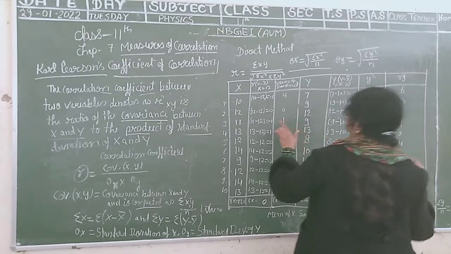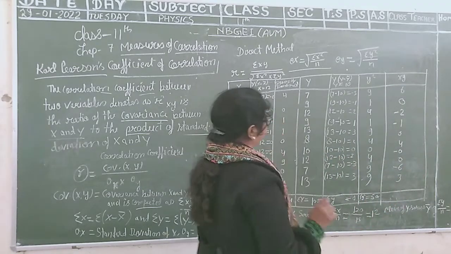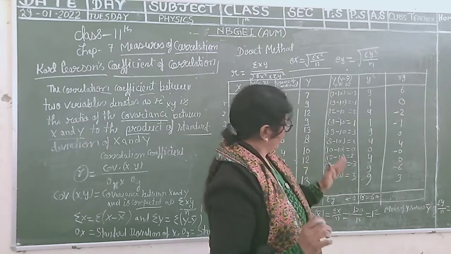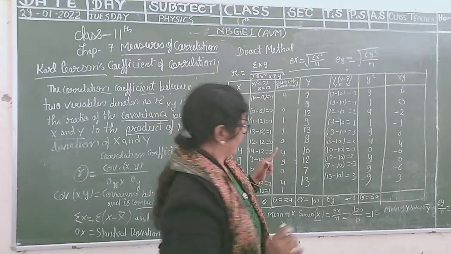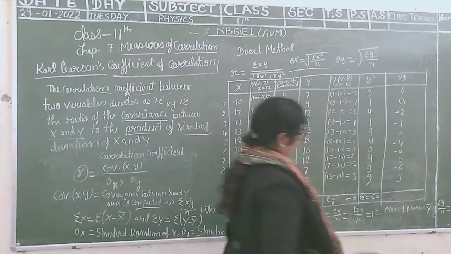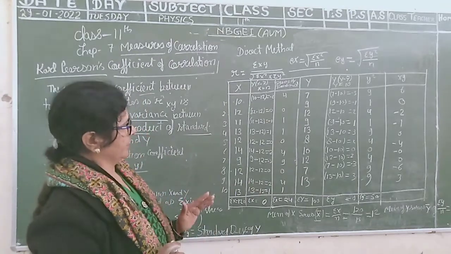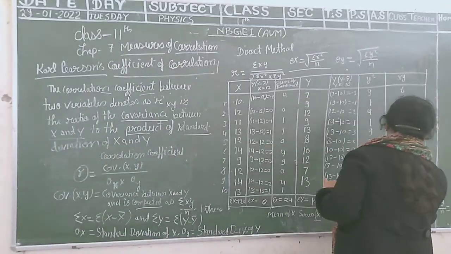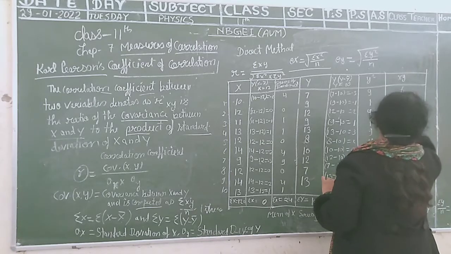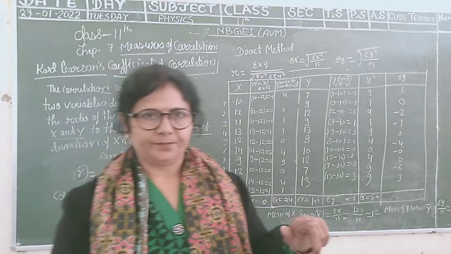Minus. Okay, here is minus, there is what? Minus. And 0, 4, minus 0, 0 and minus 4. Minus 4 also. And 0, 6 and 3. There are 10 digits: 1, 2, 3, 4, 5, 6, 7, 8, 9, 10. Correct? Then applying in the formula.